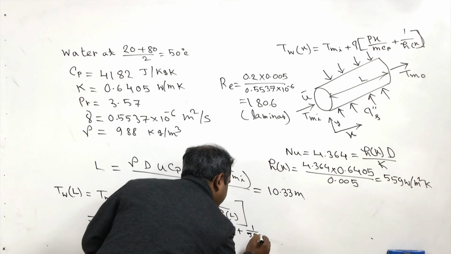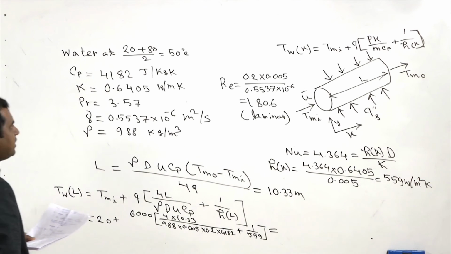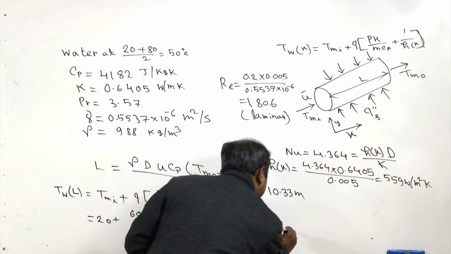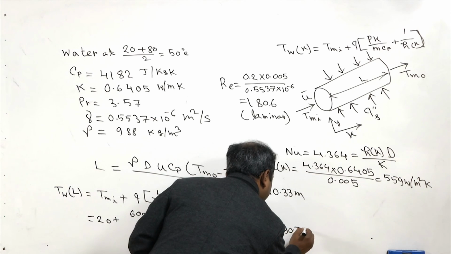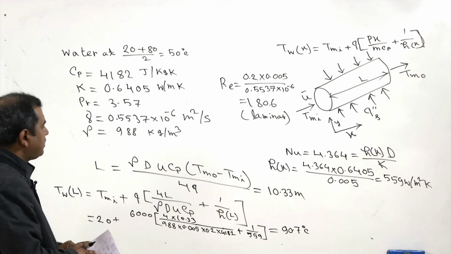If I put all these values, my Tw at the end of the pipeline becomes around 90.7 degree centigrade. So, in this problem we have found these two answers.